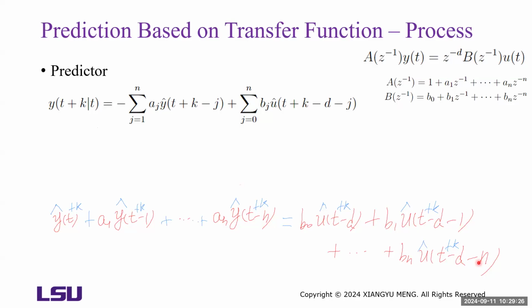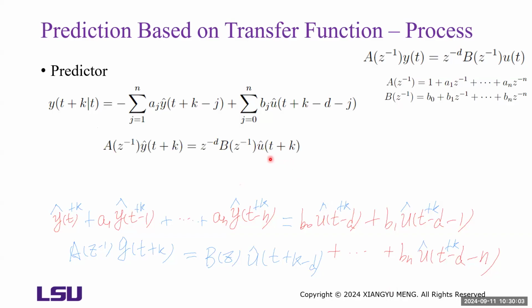Then if we use a polynomial, the left-hand side can be written as A(z) y at t plus k, and the right-hand side can be written as B(z) u at t plus k minus d. Therefore, we have the predictor in a compact form.